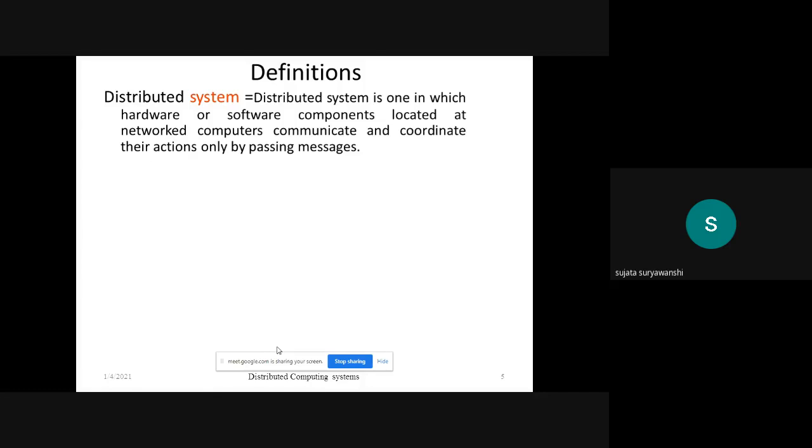Suppose we take one dependent system example. Suppose one system is there and we want to perform a specific task. That system will take the input from the user, but it is not able to find the solution of that particular task.